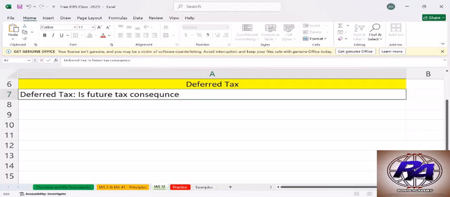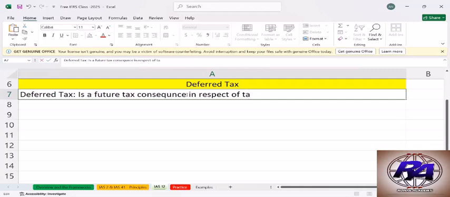If the consequence is not correct, please correct it at your end. So it's a future tax consequence in respect of what we call taxable differences.